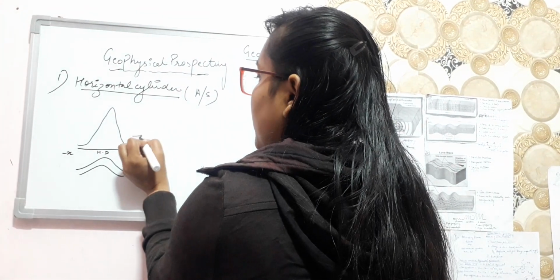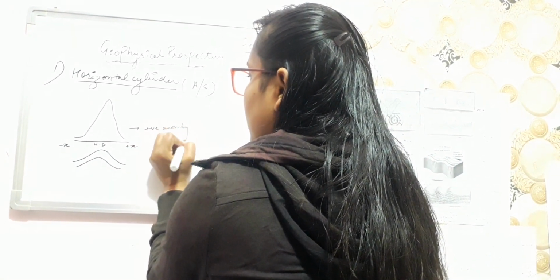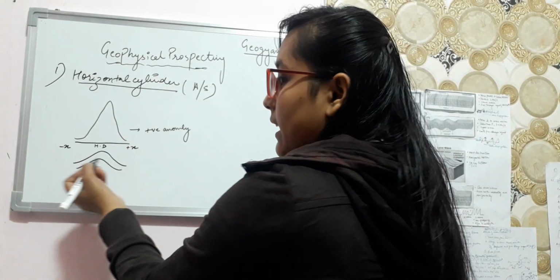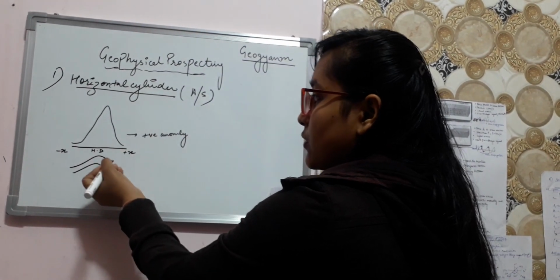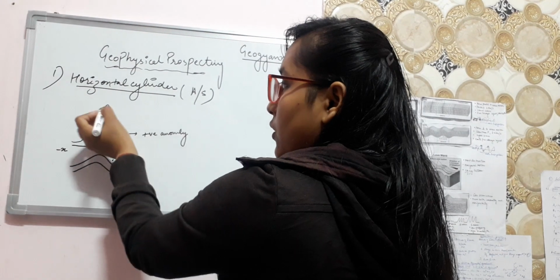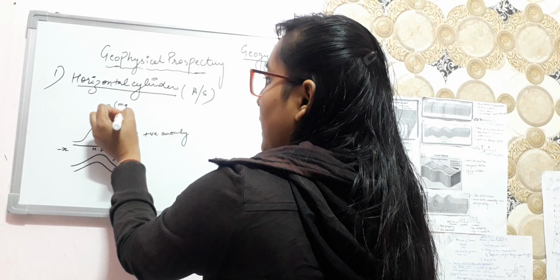This is a positive anomaly because in an anticline, as I have told, higher density rock will get exposed to the surface, so it will show a positive anomaly in milligals.